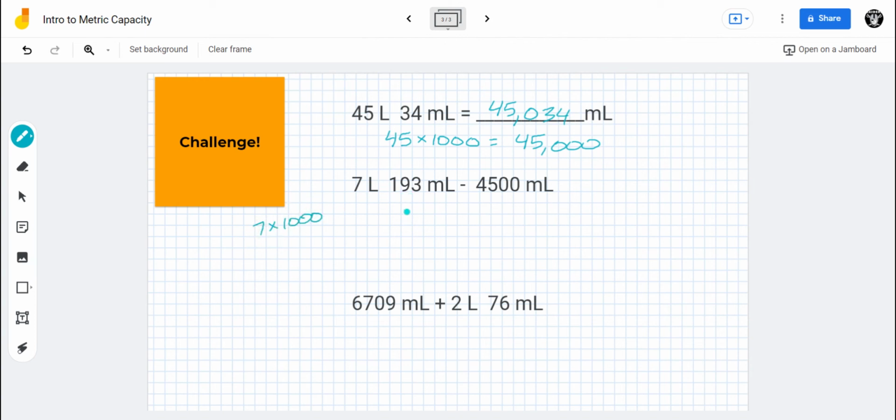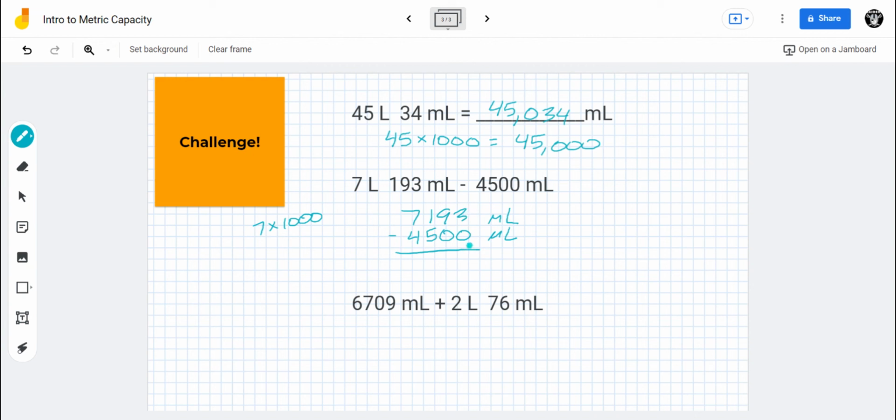That's going to make it milliliters. So I'm going to end up with 7,193 milliliters. And now I can subtract 4,500 milliliters from that. Okay, and notice I'm using the unit of measurement.